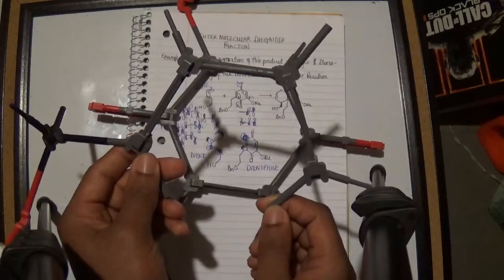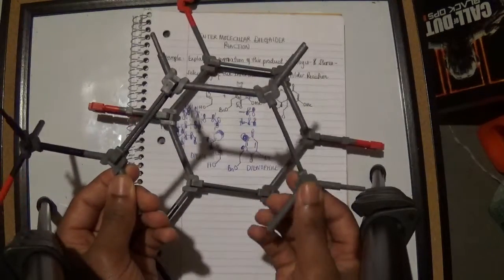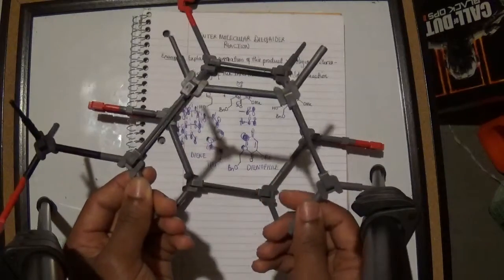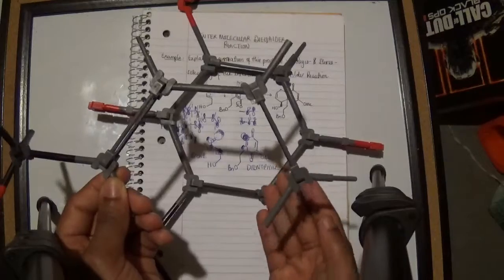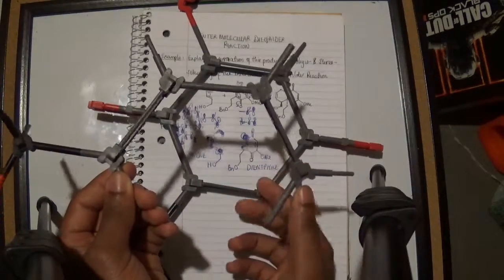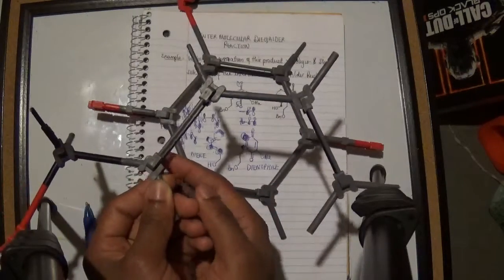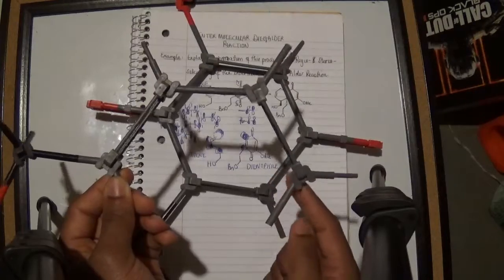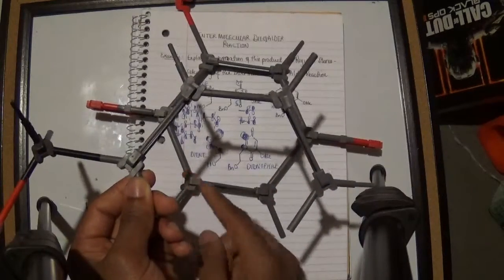Now when you exhibit the orbital overlap, this big node over here will interact with this big node, and the small nodes will interact with each other, thereby forming sigma bonds over here and over there.